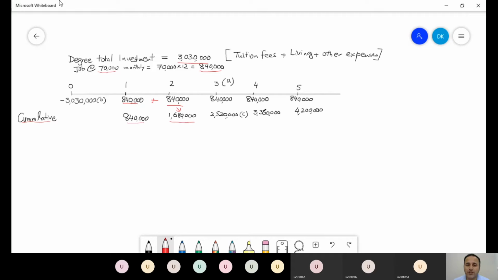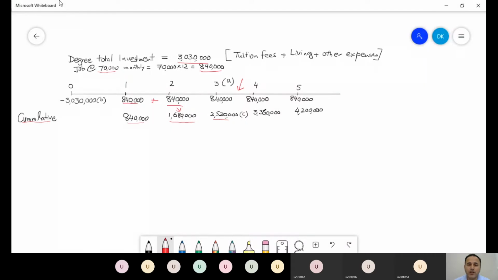And then in the fourth year, almost 3.36 million. So as you can see, the student is able to recover his or her investment between year number 3 and year number 4.